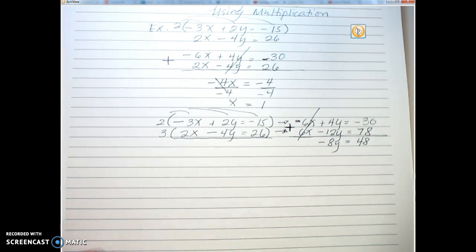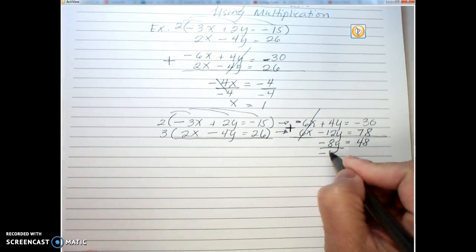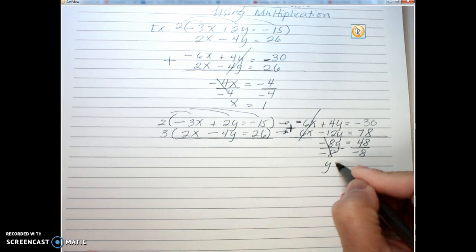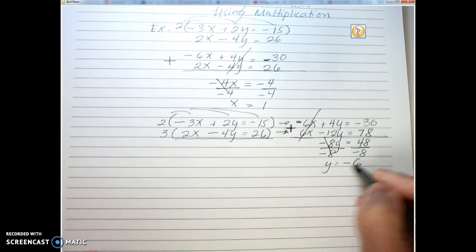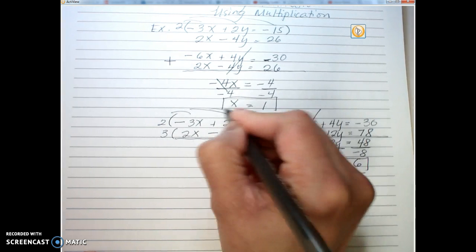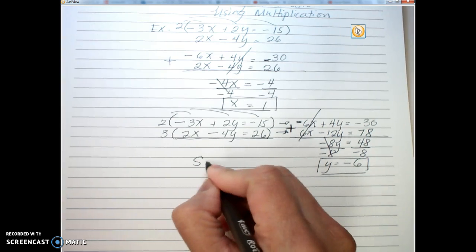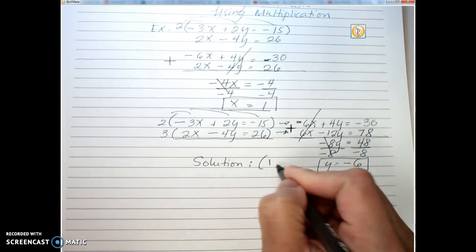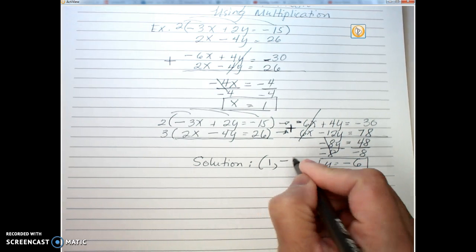So now I will have to divide this by negative 8, and my y is a negative 6. So if I look at this, my solution is 1 comma negative 6.